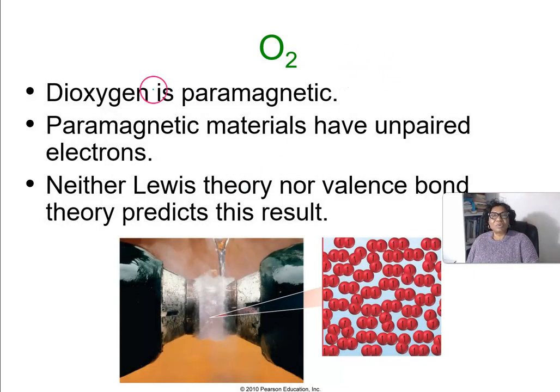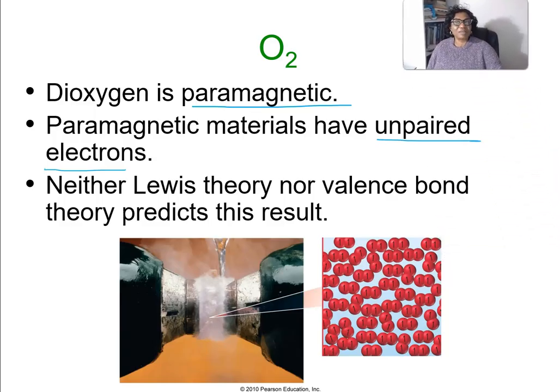So the oxygen molecule, dioxygen, is paramagnetic. Paramagnetic materials have unpaired electrons. Neither the Lewis theory nor the valence bond theory predicted this result. So you see, oxygen has unpaired electrons.